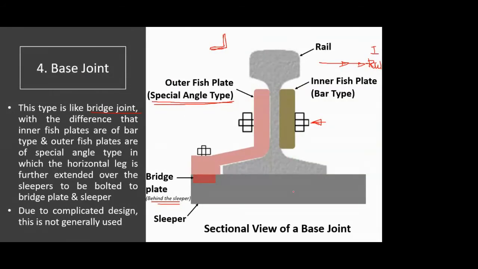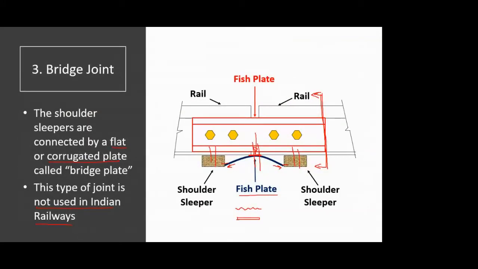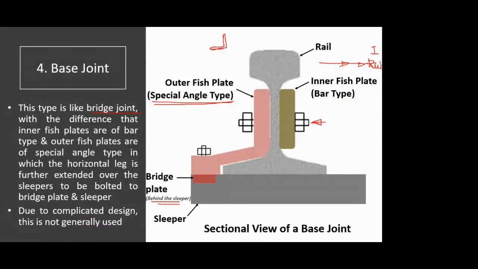To understand the base joint, the bridge joint is important, as it is very similar to this. The only difference is that this outer fish plate is of a different shape. This pink color, what you can see, is a different kind of fish plate. But the design itself is quite complicated.